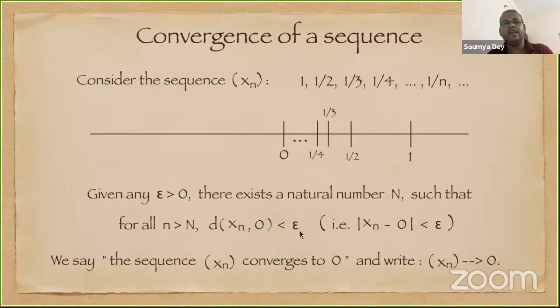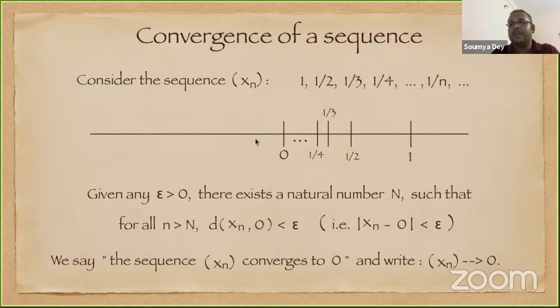So what does it say? It says that whoever gives an epsilon to me, I'll be able to choose some natural number N always, such that after this N, whatever n you take, the distance between xn and 0 will be less than epsilon.